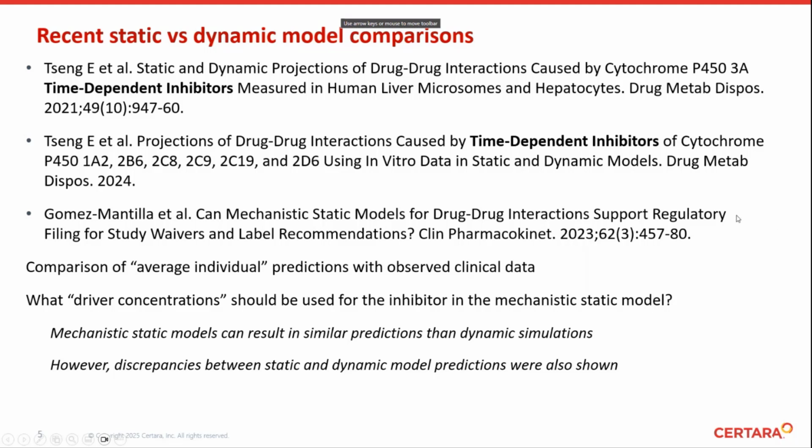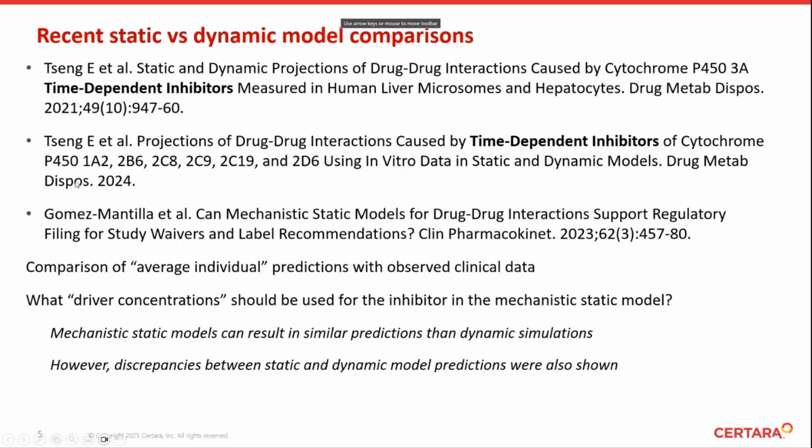In those papers, they compared average individual predictions with observed clinical data, and also explored the differences in different assumptions on driver concentrations and what should be used for the inhibitor to improve how well the clinical data is captured.